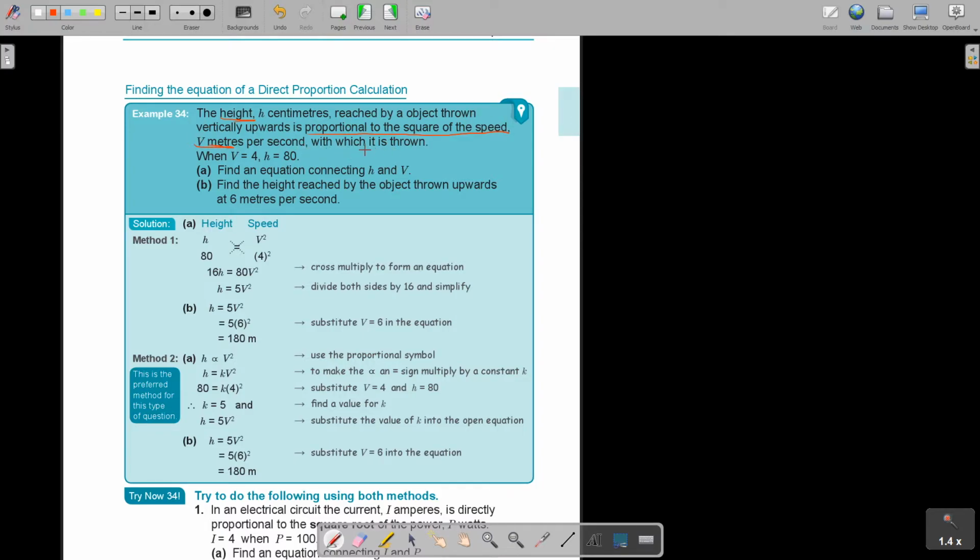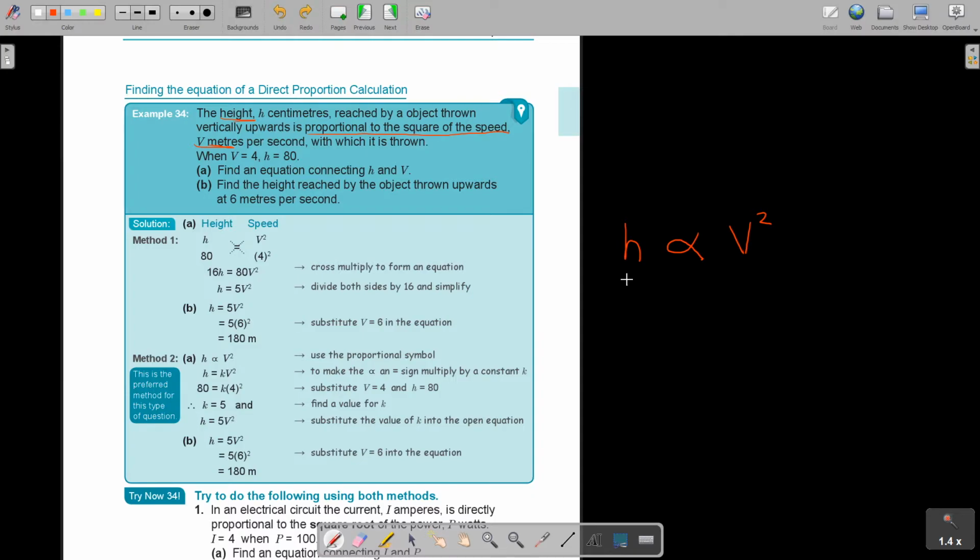The sign for proportion is always this sign. Now, if it's direct, you write it on the line, so h is proportional to v squared. If it was indirect, but it's not, you would have said 1 over v squared. But that was not in this question.